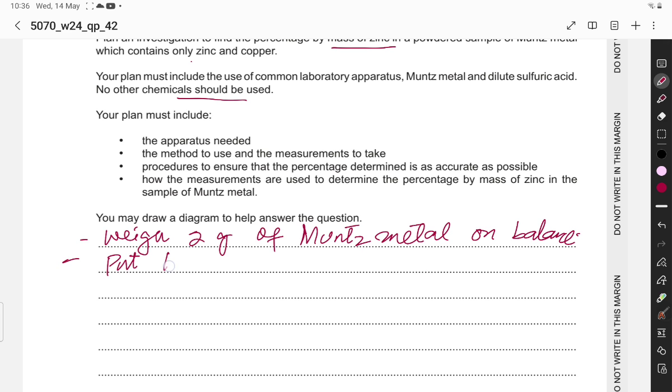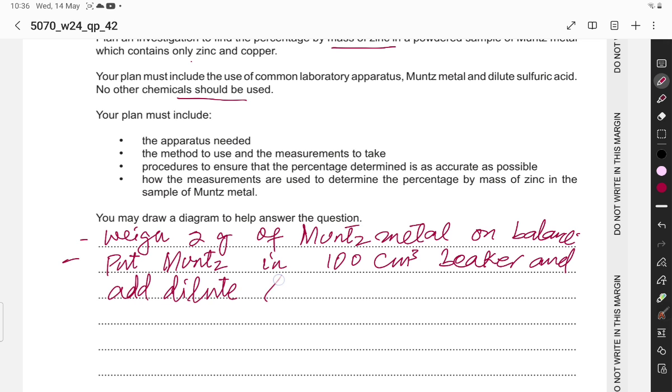Put it in a 100 cm cubed beaker and add dilute sulfuric acid.